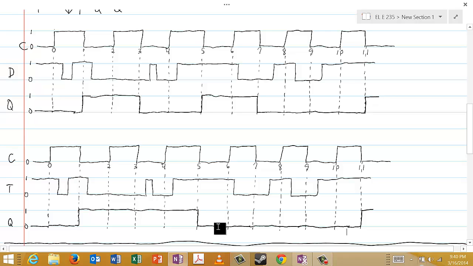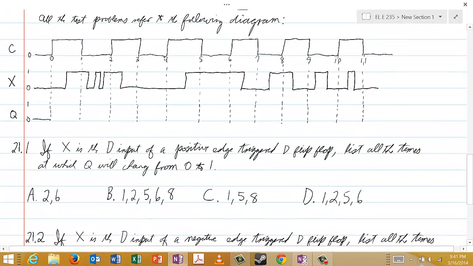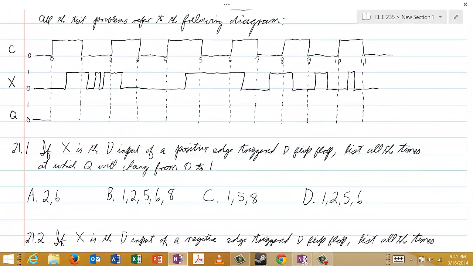And if you were asked in this case to identify the times at which the output goes from 0 to 1, it would be at time 1 and also at time 11. So that's how you'll do problems of this nature. And so now you've already been given a preview, but just to go over this one more time.